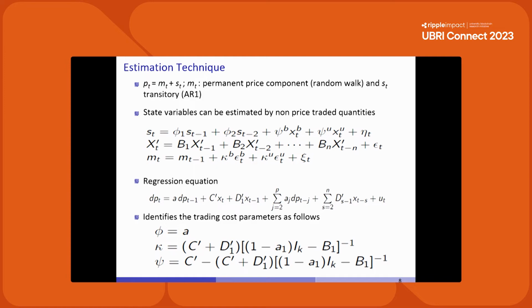So we don't know what MT and ST, which represent the permanent and transitory components, are. But we have some idea of what drives them. We know that the temporary component ST is driven by what the prior period ST was, plus trading activity, the trading volumes taking place.